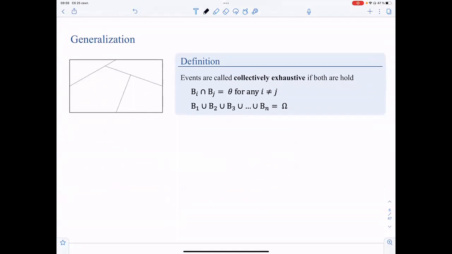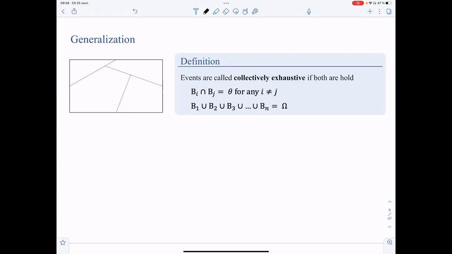So going back to the full probability formula that we just practiced within one problem set, I would like to generalize it up to the multi-dimensional case.